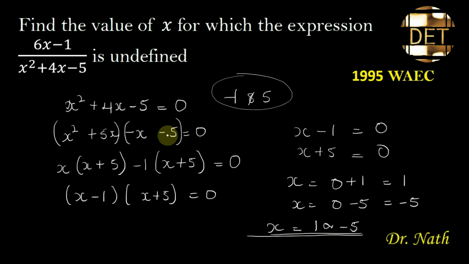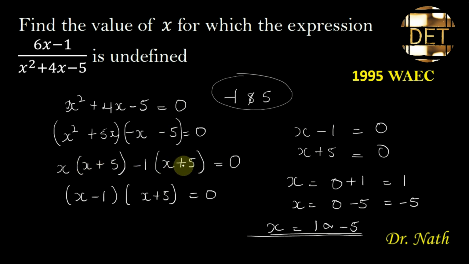So since there is nothing common, just bring 1 out of the expression, because 1 is a common number to all numbers. So this is minus 1. You bring minus 1 out of the expression, then you will still have your x there. Then instead of writing minus 5 here, which is what we have here, put plus 5. And the reason is because what you have within this bracket must be equal to what you have within this bracket.